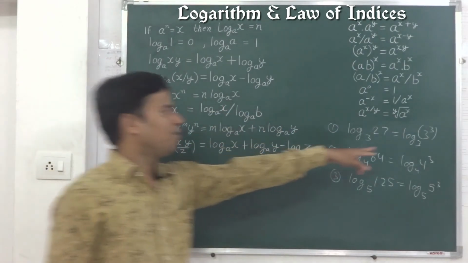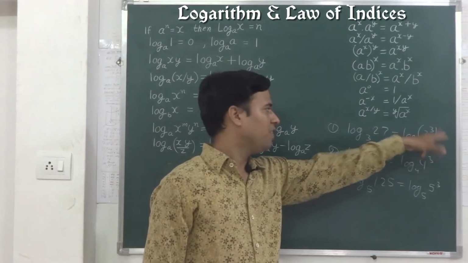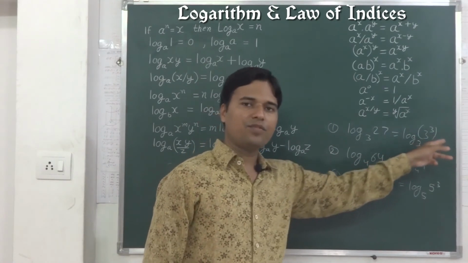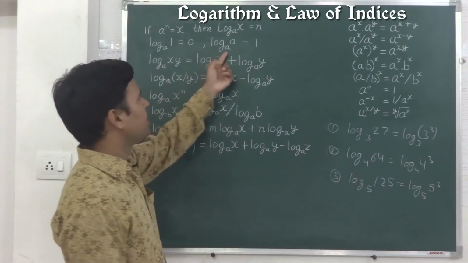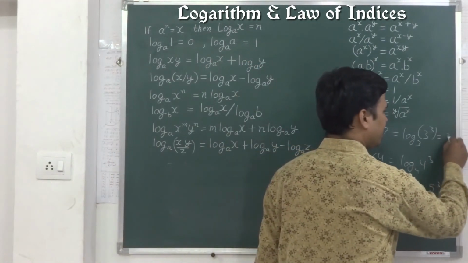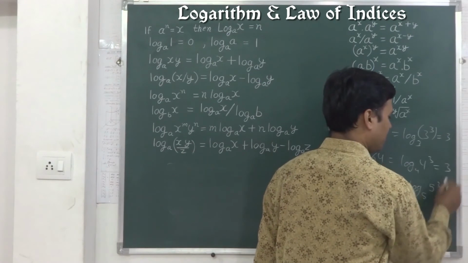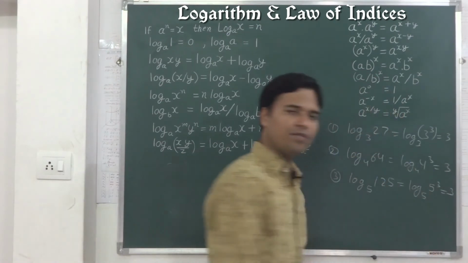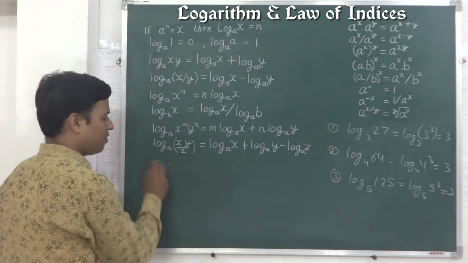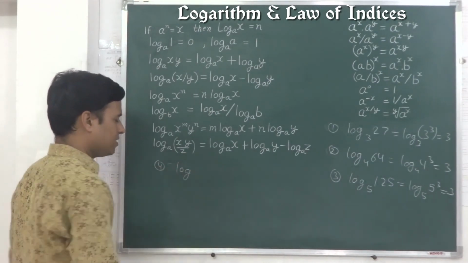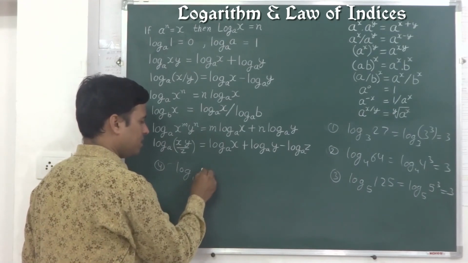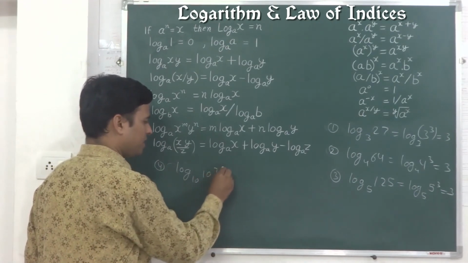The term which is power 3 here will come forward, log base 3 of 3. So, log base a of a is always equal to 1. So, we would get 3 here, 3 here and 3 here. Some other problems. Number 4, log base 10 of 10 power 26.